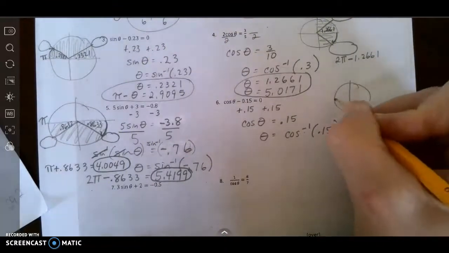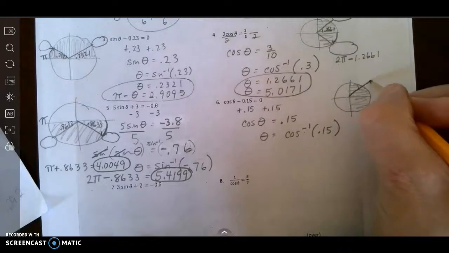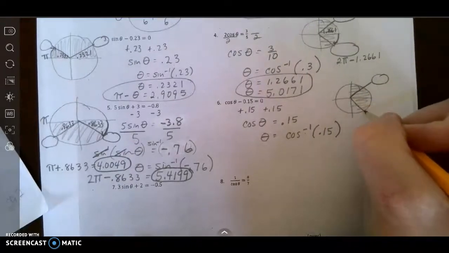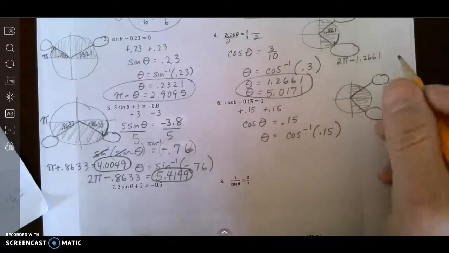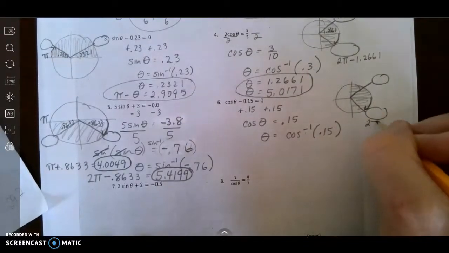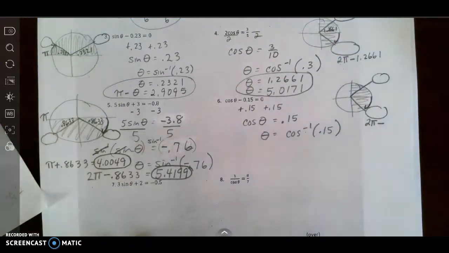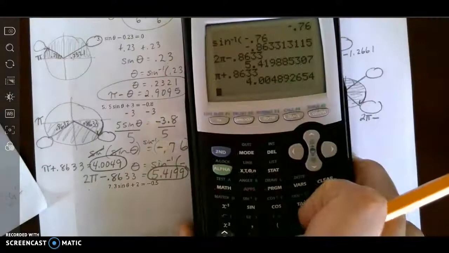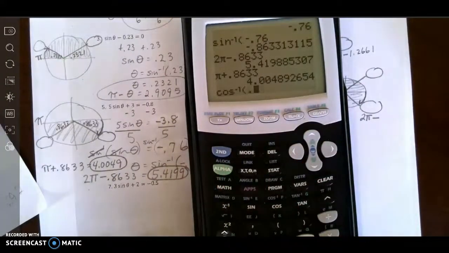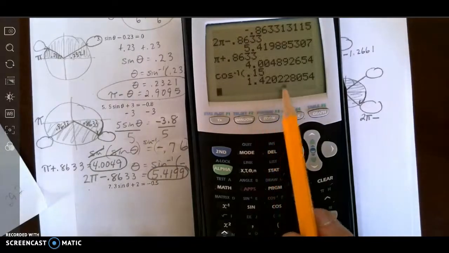Cosine is positive on this side of the circle. So I'm going to have a quadrant 1 answer, and I'm going to have a quadrant 4 answer. This is down from 2 pi, so this is going to be 2 pi minus whatever I get for that angle. So let's see. Inverse cosine of 0.15, and I get 1.4202.